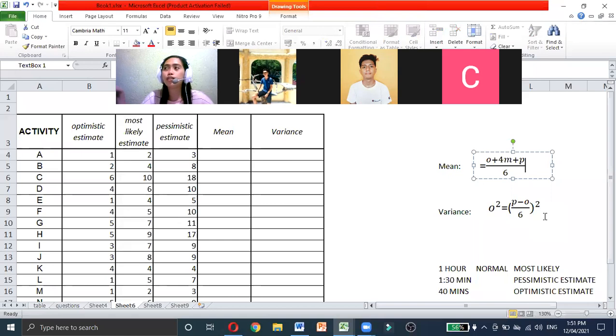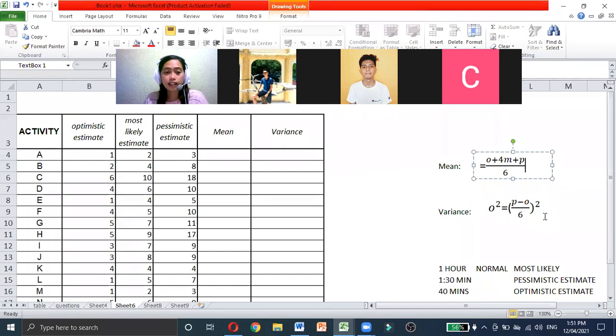The shaded part, the half is 0.5 and the other half is 0.5, which equals 1. Do you remember? Yes, miss. And for the variance, it equals P, the pessimistic, minus O, the optimistic, over 6, squared.